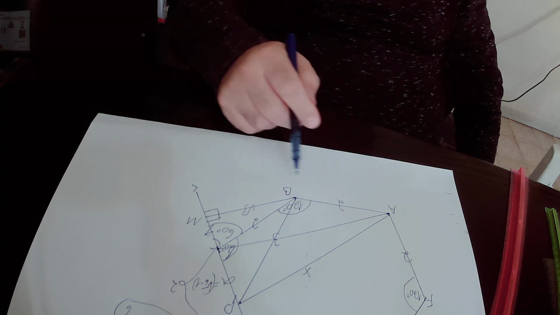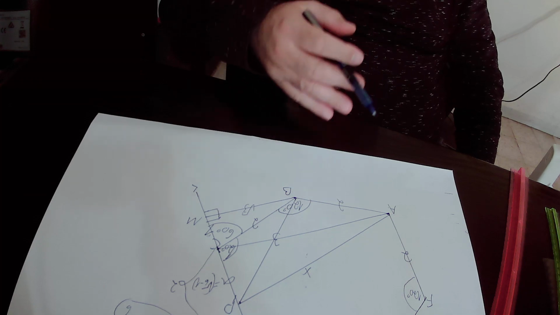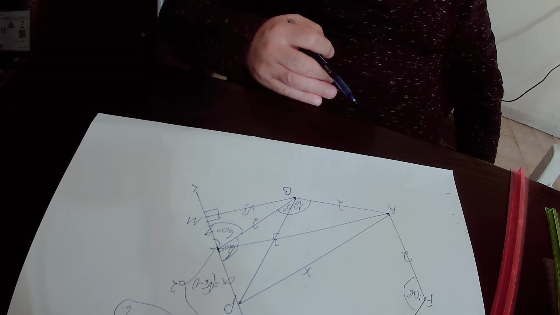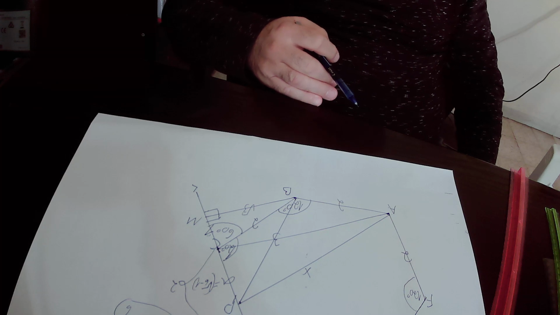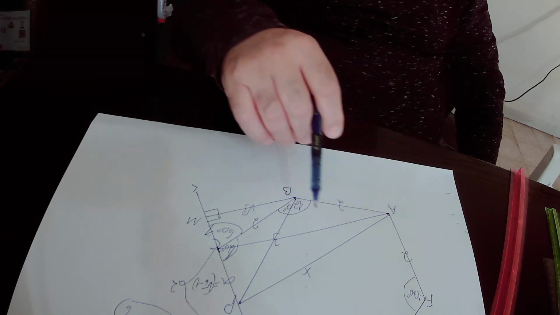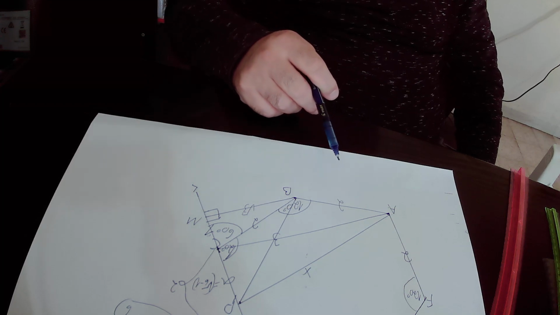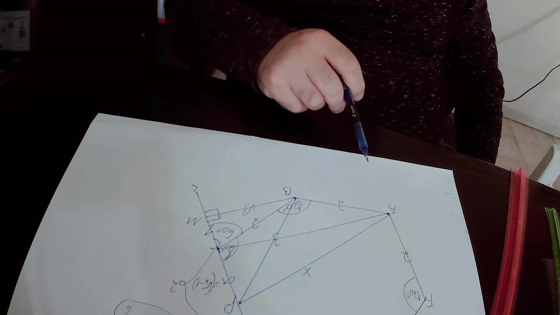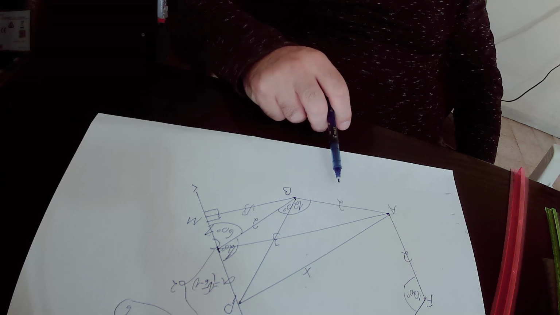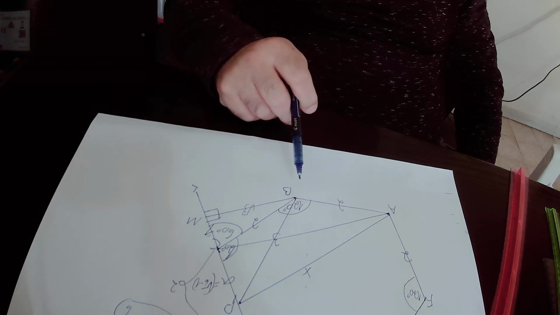Side AB equals 2 units, and side BC equals 2 units because those two sides are sides of this regular hexagon, and we know that all the sides of any regular hexagon are equal to each other, and in this specific regular hexagon, one side equals 2 units, AB equals 2 units, therefore all the other sides are also equal to 2 units.